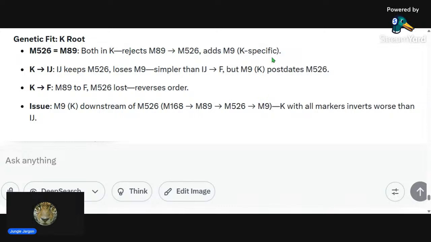Okay. I don't know. This is a little bit hard to understand. K to IJ. IJ keeps the IJK marker, loses the M9. M9 is, I think it's K specific, isn't it?